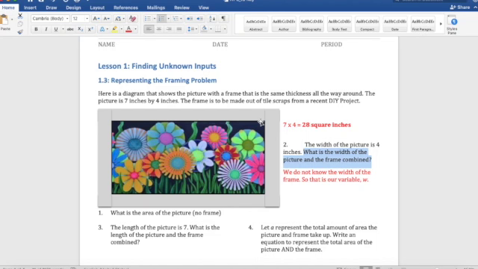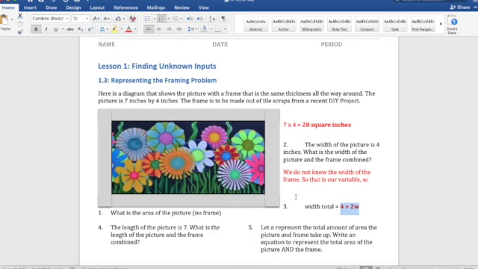The width of the picture and the frame, if the width of the frame is W, would be 4 plus W plus another W. So the width total is 4 plus the top width plus the bottom width. Really it's 4 plus 2W. That's 4 plus 2W is the width. That'll be another important piece of our equation.